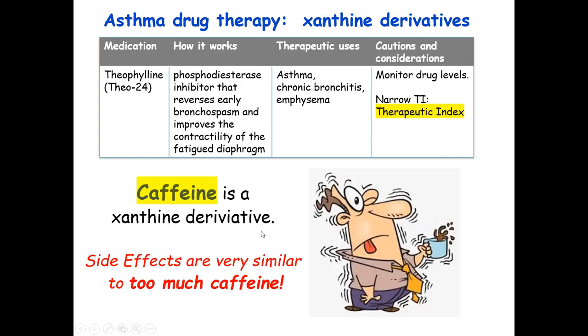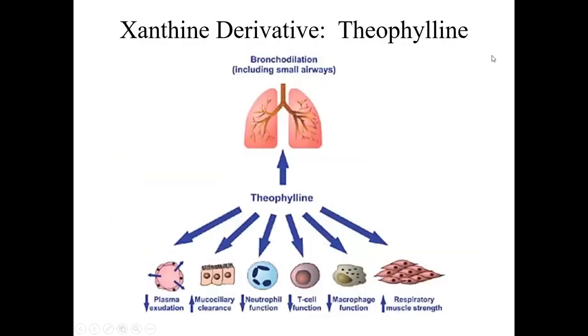Caffeine is a xanthine derivative. So the side effects of theophylline are very similar to the side effects you see with too much caffeine. How does it work? It works in six different ways, but the most profound is on respiratory muscle strength, the integrity of the muscle function.